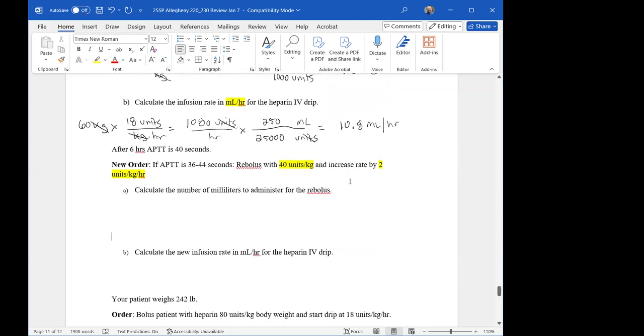If you don't feel comfortable with it, or this is a problem where you didn't calculate the original 80 units, then what we're going to do is the same thing we did in the previous setup: 60 kilograms times 40 units per kilogram, and we get 2,400 units.